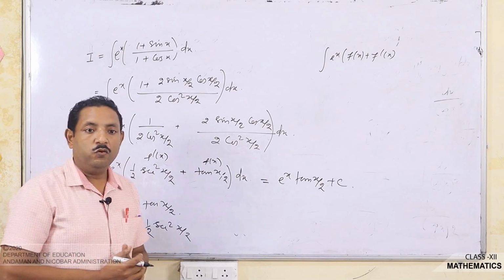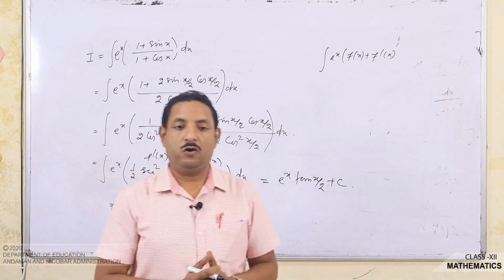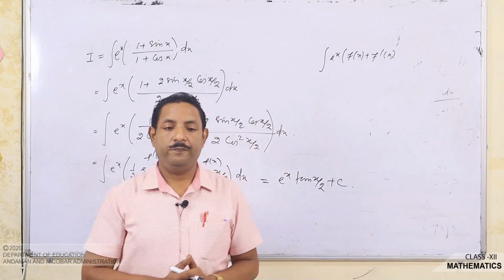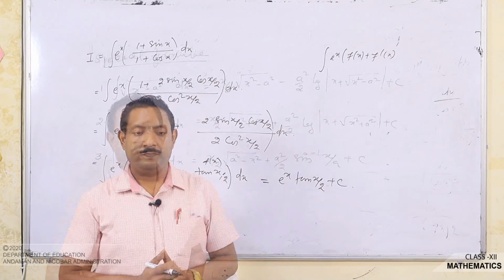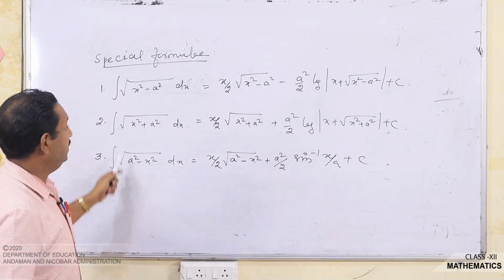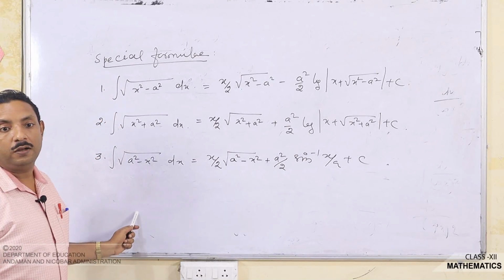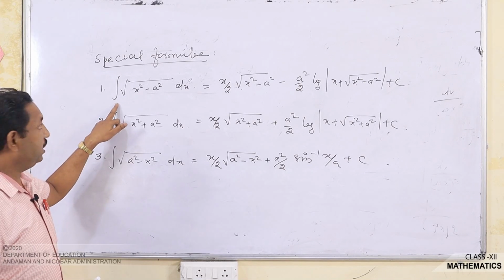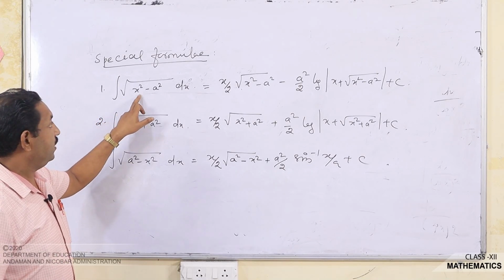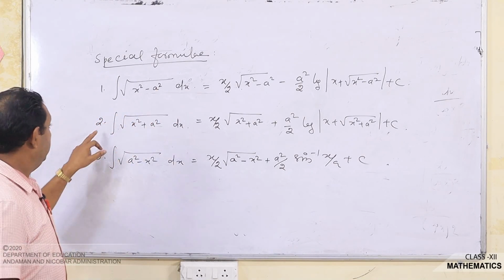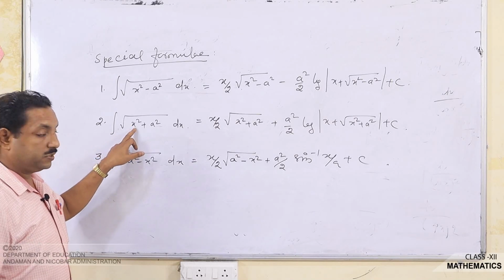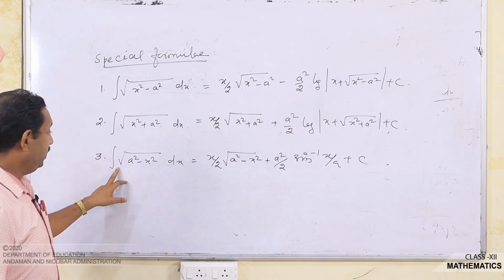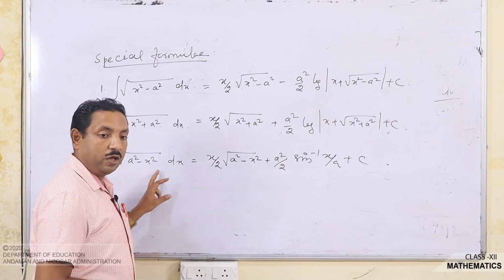Now I will tell you 3 important special formulas of this integration. Now look at this formula. These are the three special formulas: integration of root under x square minus a square, integration of root under x square plus a square, integration of root under a square minus x square.